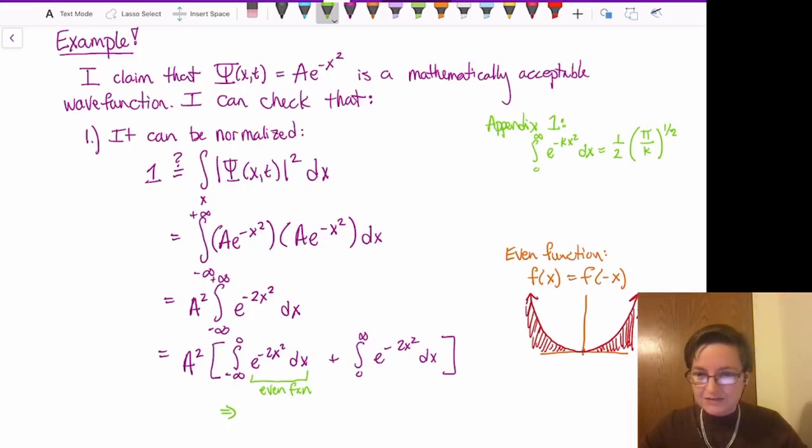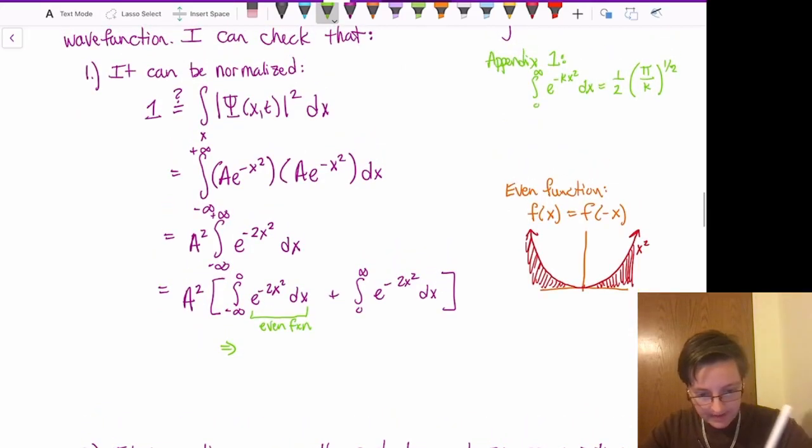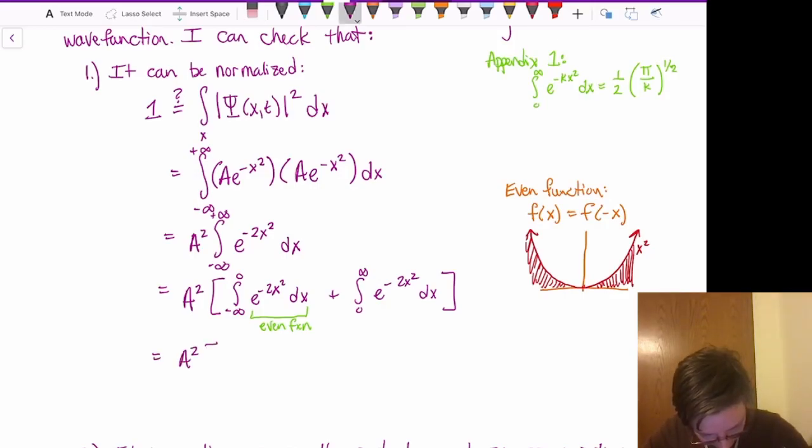How can I tell it's an even function? Well, if I substitute in negative x for e to the negative 2x squared, well, negative x squared just gives me back x squared, and so it's the same. It's an even function. What that means is that this whole expression is equal to 2 times the right half of the function, the integral from 0 to infinity.